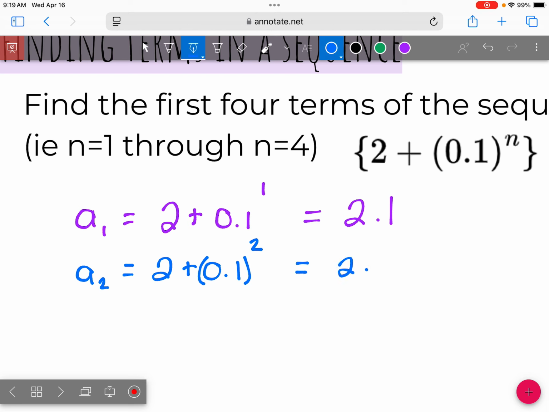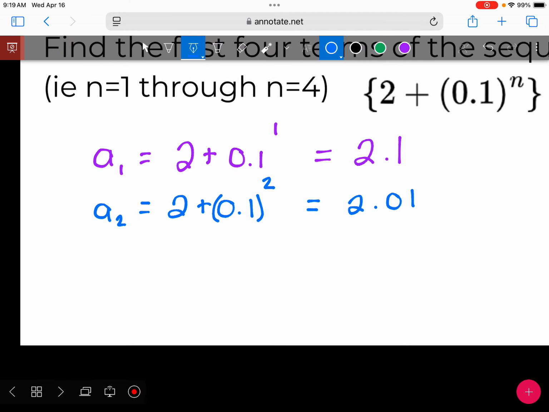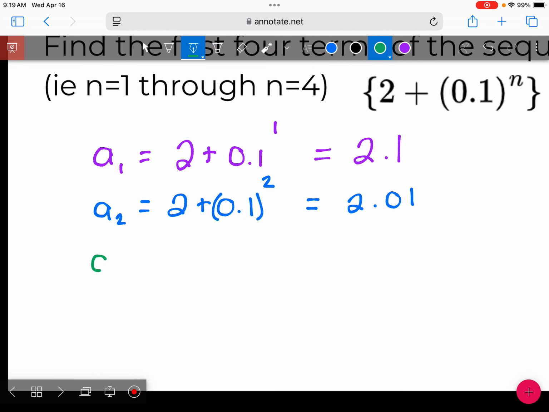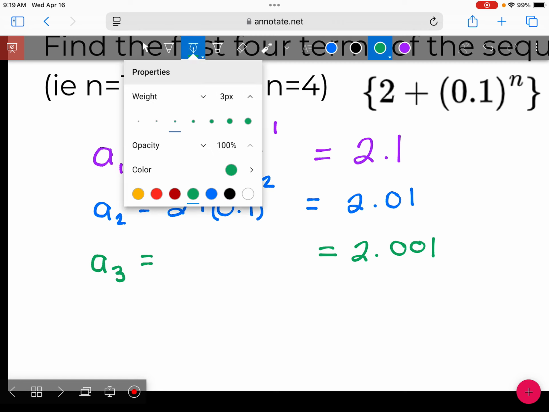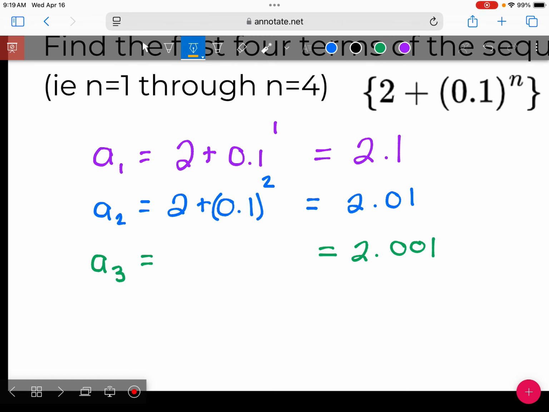So this is going to be 2.01. So a sub 3, 2.001. So then our a sub 4, 2.0001.